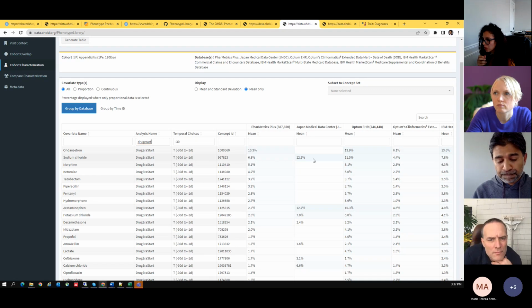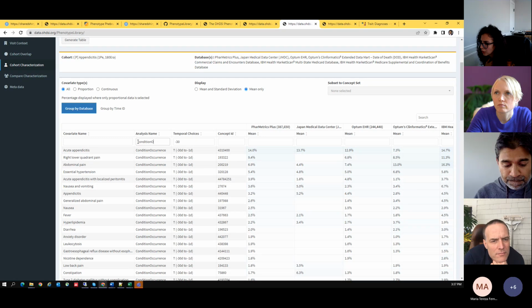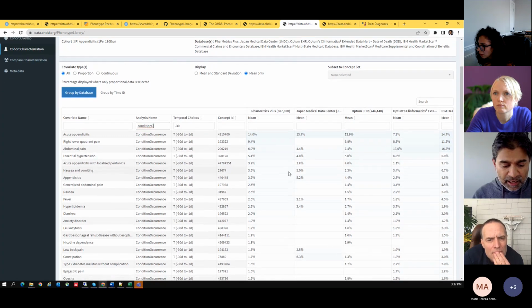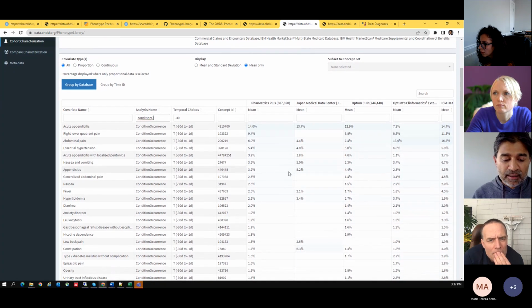Can you look at condition abdominal pain? All codes of pain. Yeah, so again, in the -30 day window, we have about 10% to 12% right lower quadrant pain before the index date. So there is definitely index date misclassification, at least 10%.